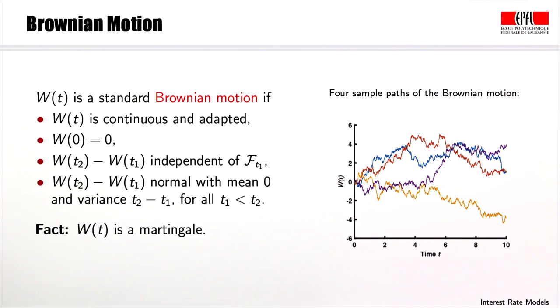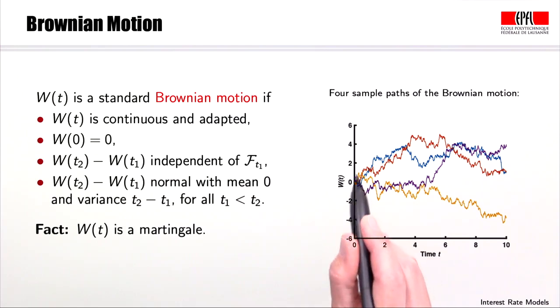It starts at 0 at time 0, and its increments, W_t2 minus W_t1, are independent of the past and normally distributed with mean 0 and variance proportional to the time increment. As I already said, the Brownian motion is a continuous martingale. The figure on the right shows 4 trajectories simulated from a Brownian motion.